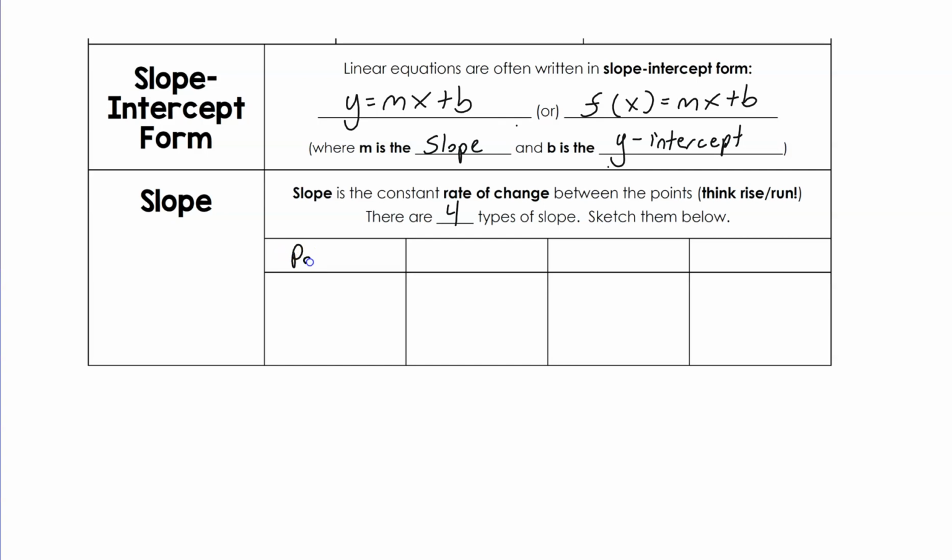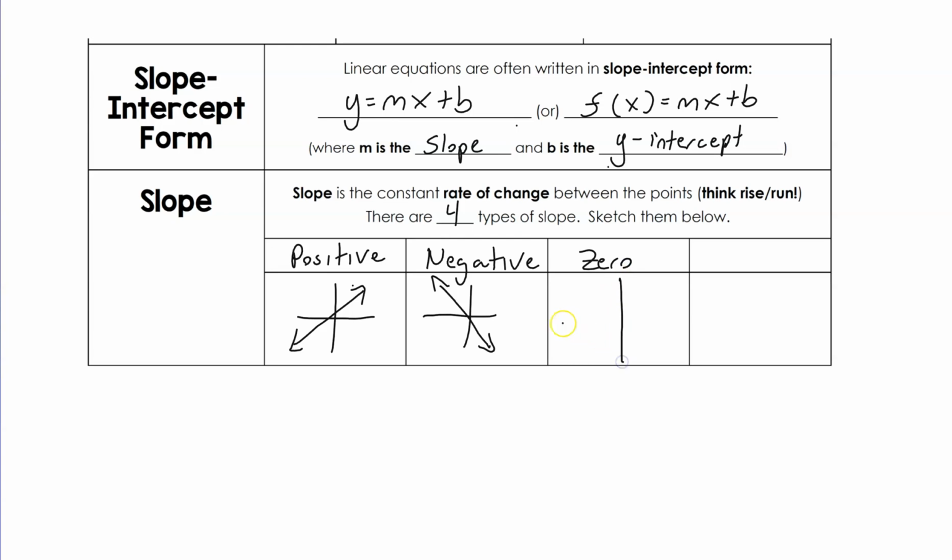The first one is called a positive slope. A positive slope is going to be a line that goes from left to right but goes up. That is our positive slope. Next kind is our negative slope. That'll be a line that goes from left to right but goes down. We have a zero slope.